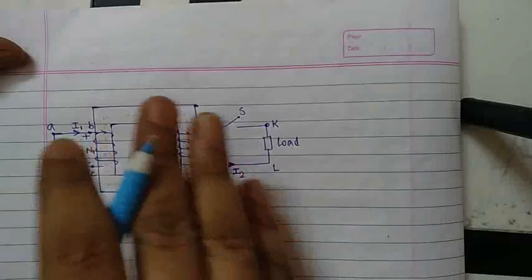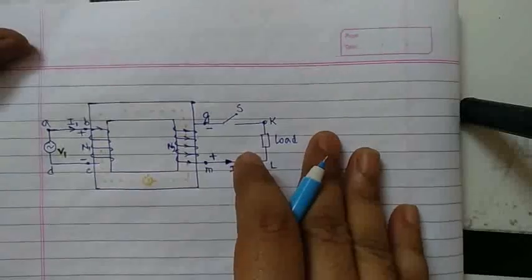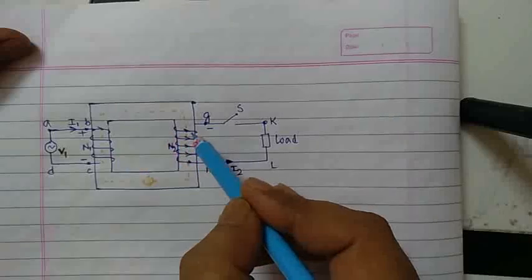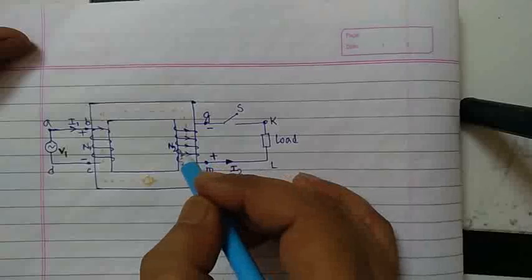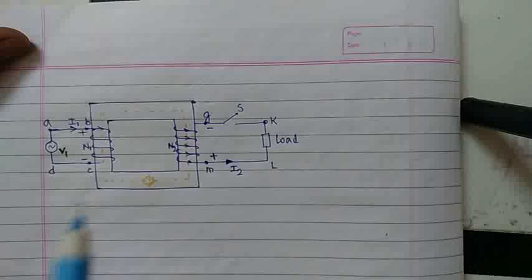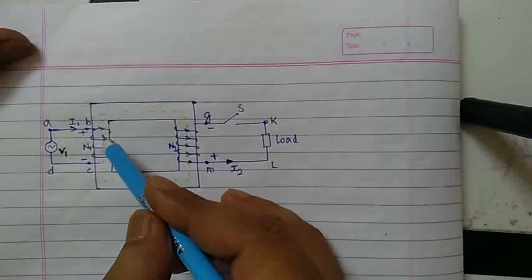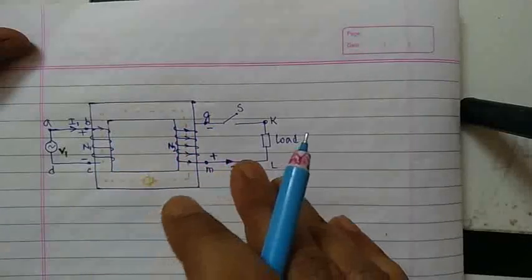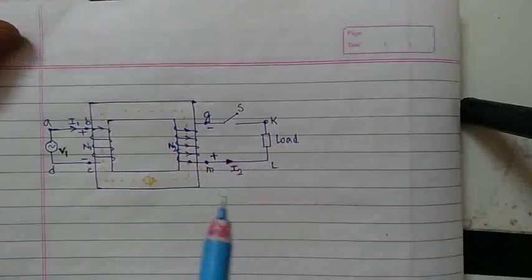We already know what an ideal transformer is. In the ideal transformer, the winding resistance is negligible. Primary winding resistance, suppose R1, and secondary winding resistance, suppose R2, are very negligible. All the flux set up by the primary must link with the secondary winding. That means there is no leakage flux in an ideal transformer.